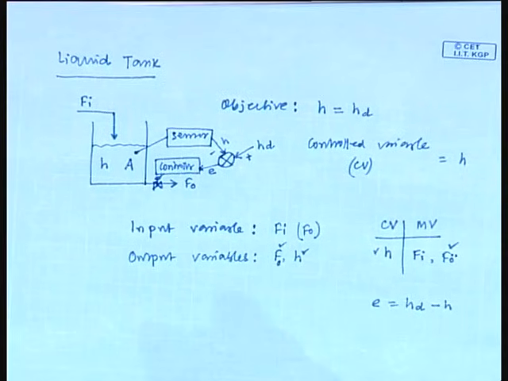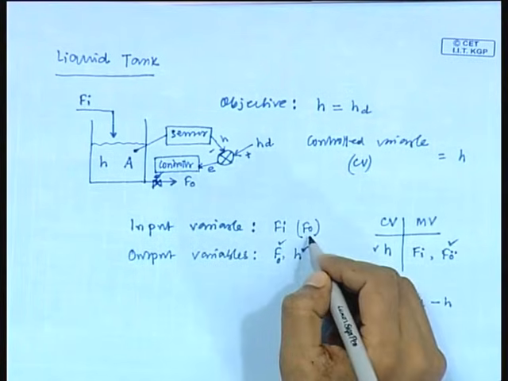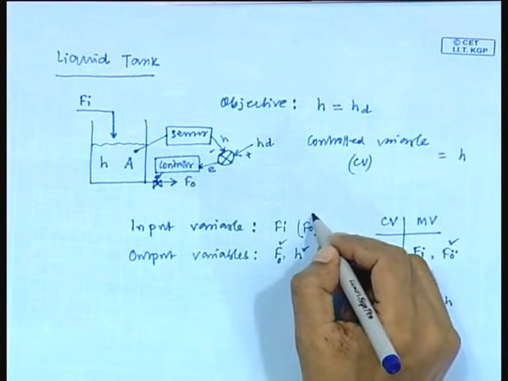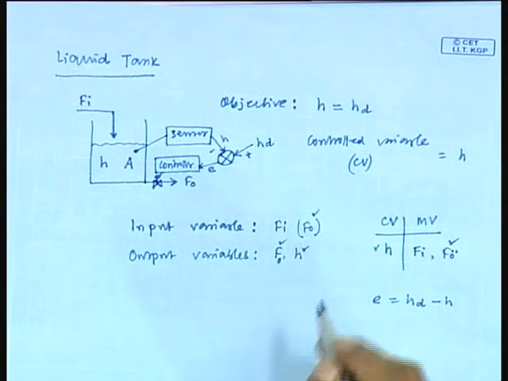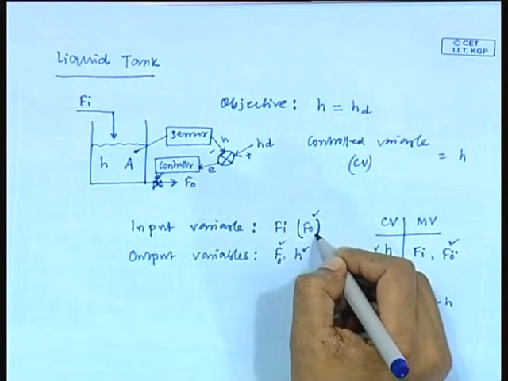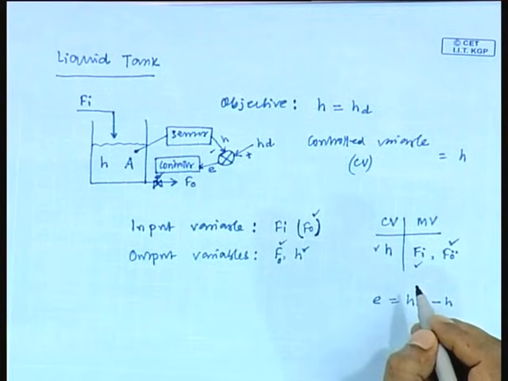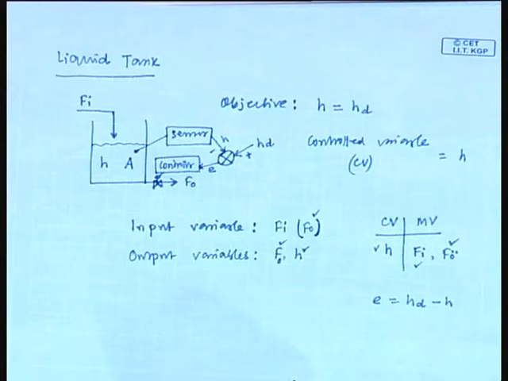In this example, it is clear that if F naught is manipulated variable, then that is input variable, not output variable, because manipulated variable is one type of input variable. That is why you write F naught within brackets. But if we consider Fi is the manipulated variable, in that case F naught is output variable. Clear? Fine.